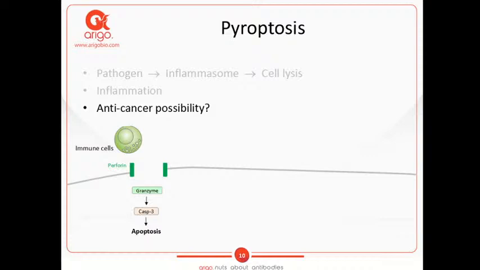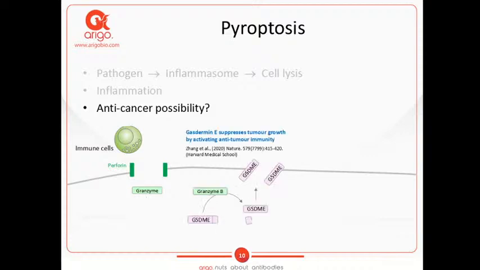This year, two groups reported that granzyme not only induces apoptosis but also induces ferroptosis. The group at Harvard Medical School reported that granzyme B cleaved gasdermin E, which forms a pore in the plasma membrane and results in ferroptosis.